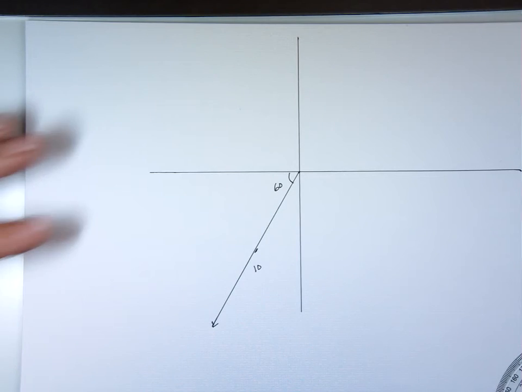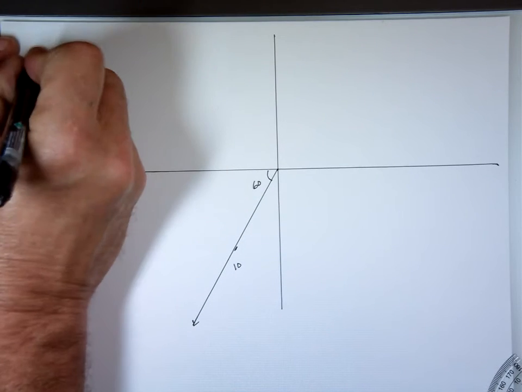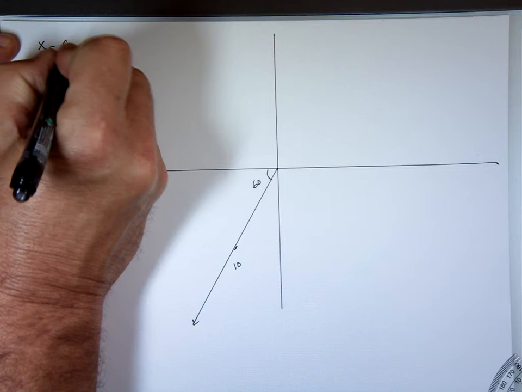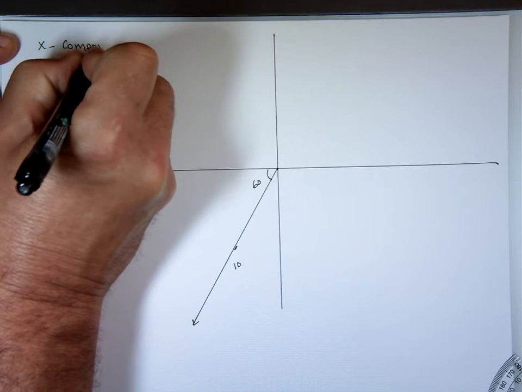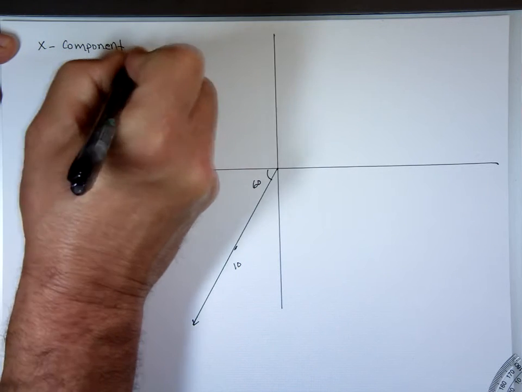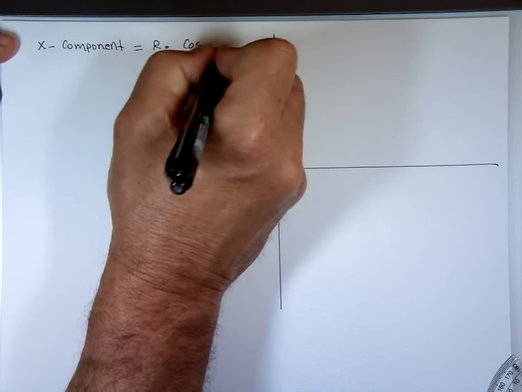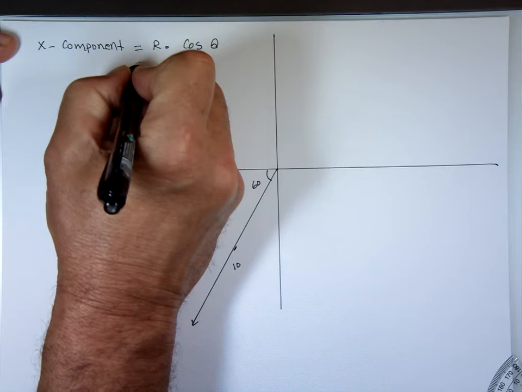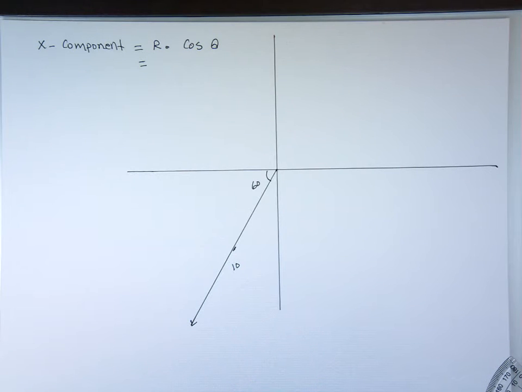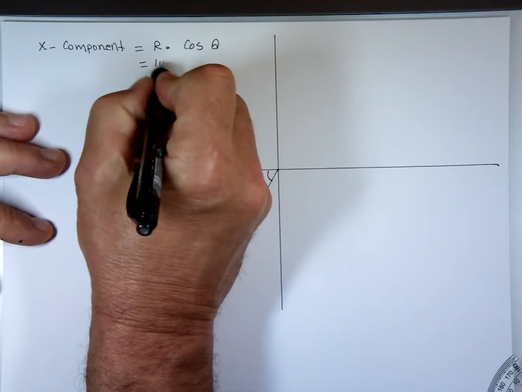Now to find the x component, is going to be what? R times cosine what? Theta. So what's R here? How long is my vector? Is it 10? Times cosine what angle?